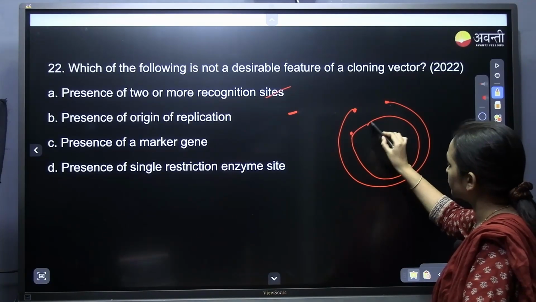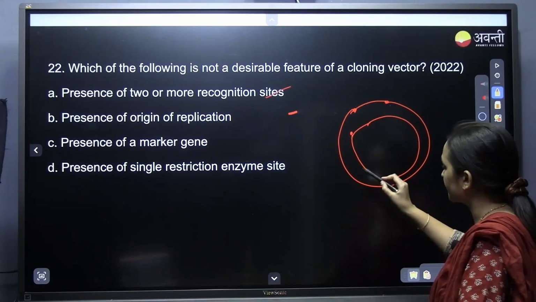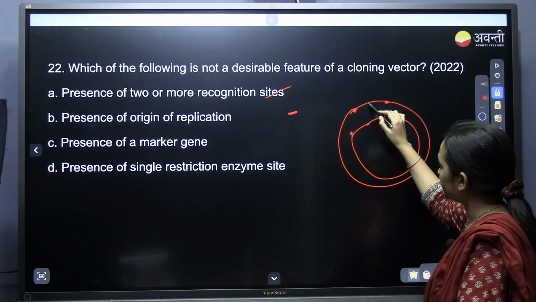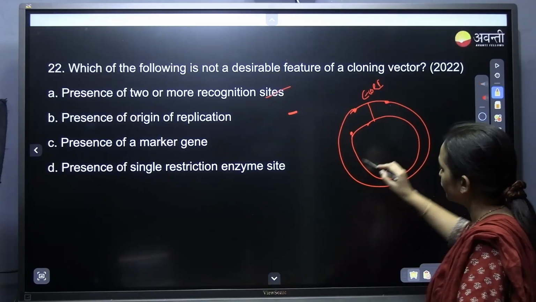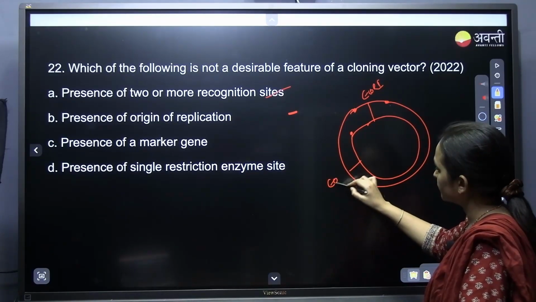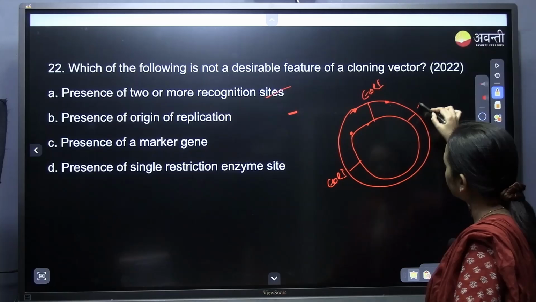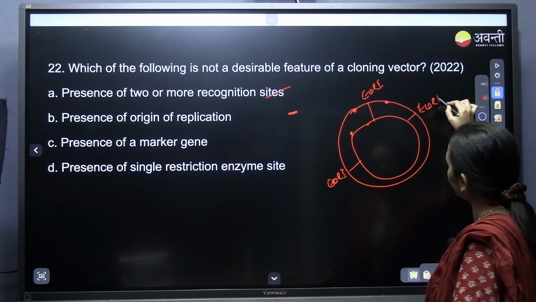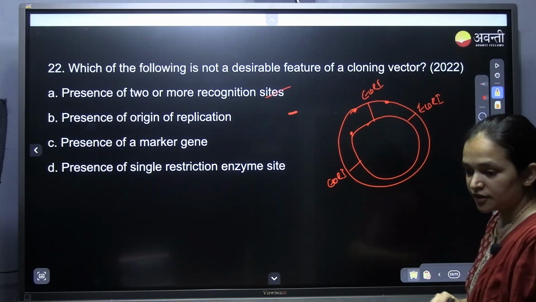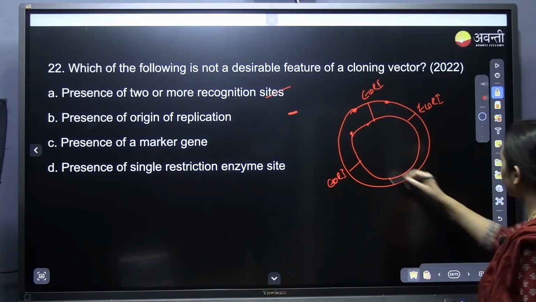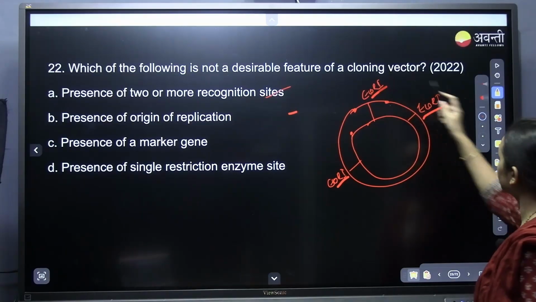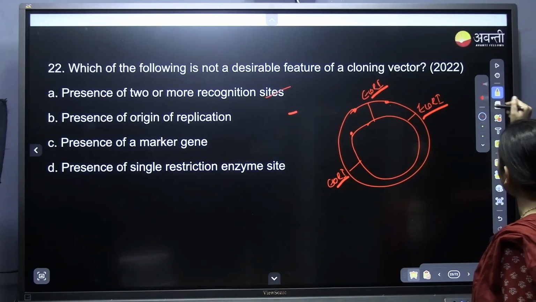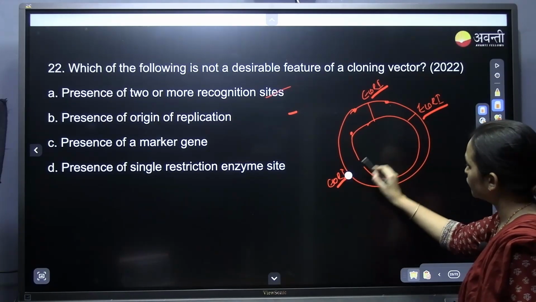If this is a cloning vector and EcoR1 is present here, and EcoR1 is present here also, so when we use this EcoR1 restriction enzyme on this restriction site, what happens to the vector? The vector will be cut into pieces, right, like this.